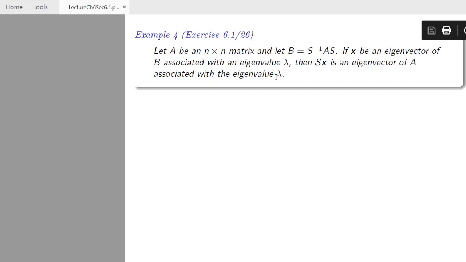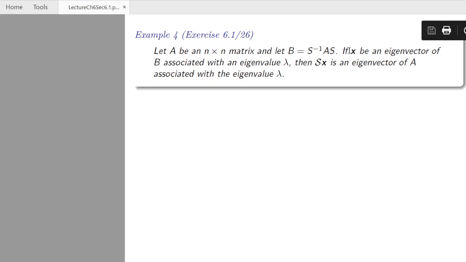The conclusion is this. If x is the eigenvector of B associated with eigenvalue lambda, then S times x is an eigenvector associated with the eigenvalue lambda. Now from this you can see why we specify B equals S inverse times A times S, because we need this matrix S times x.